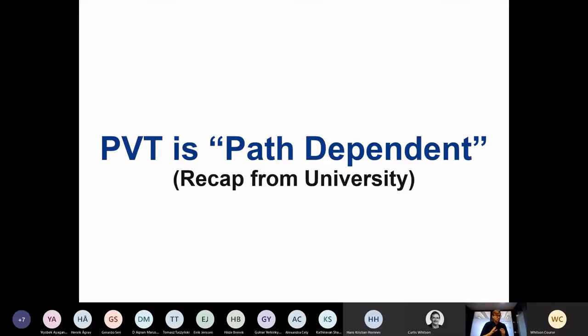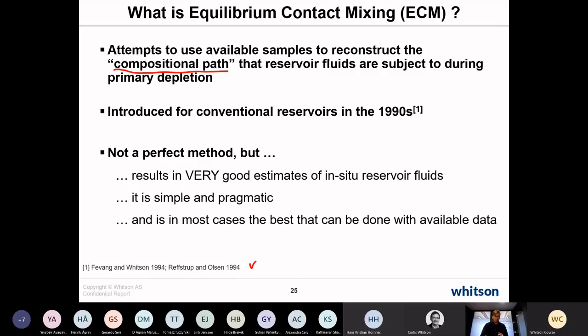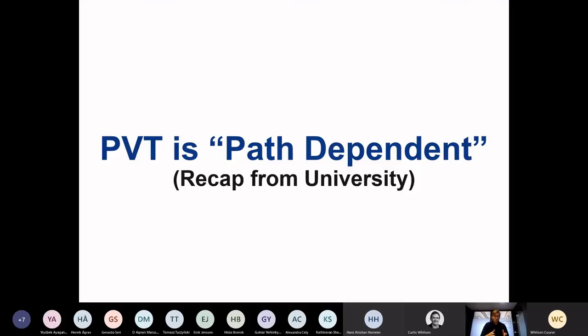I promised to briefly mention what we talk about when we talk about the compositional path. What's important to remember there, which we've iterated a few times also yesterday when it comes to black oil tables, that the surface process actually matters a lot, is that PVT is path dependent.